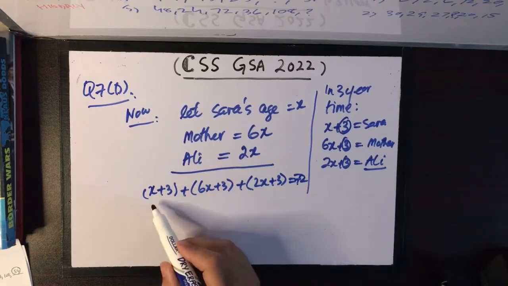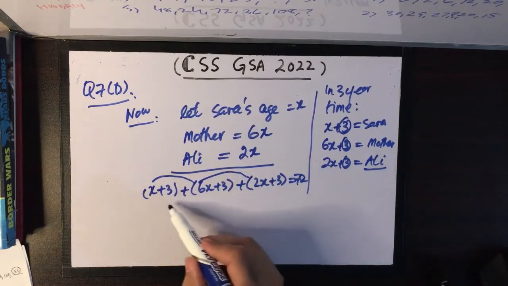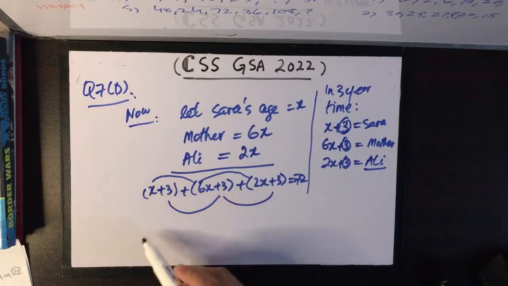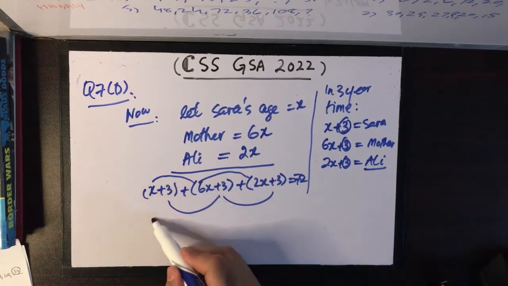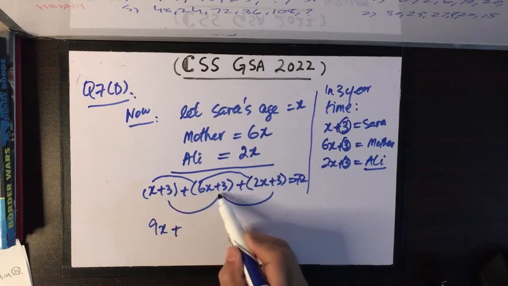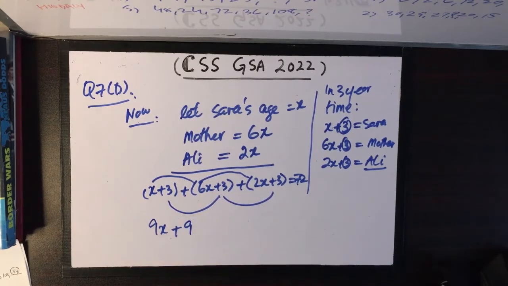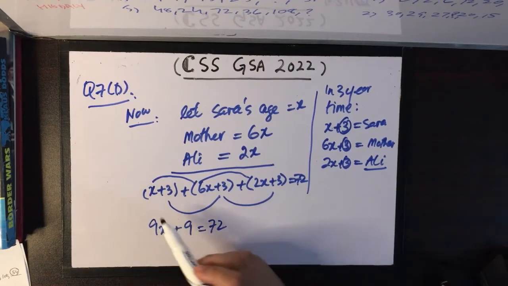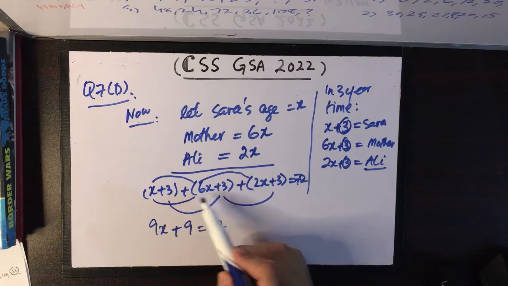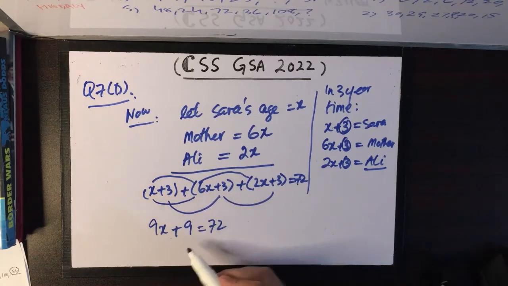This is given. So we'll add the variables with the variables and the constants. X plus 6X plus 2X is 9X, and 3 plus 3 plus 3 is 9. 9X plus 9 is equal to 72. Fine.